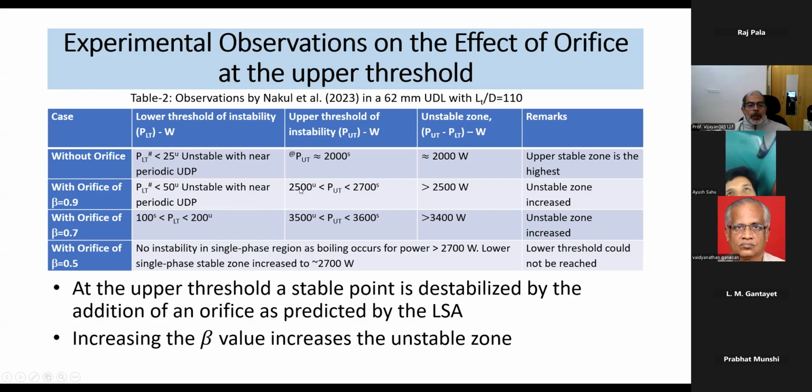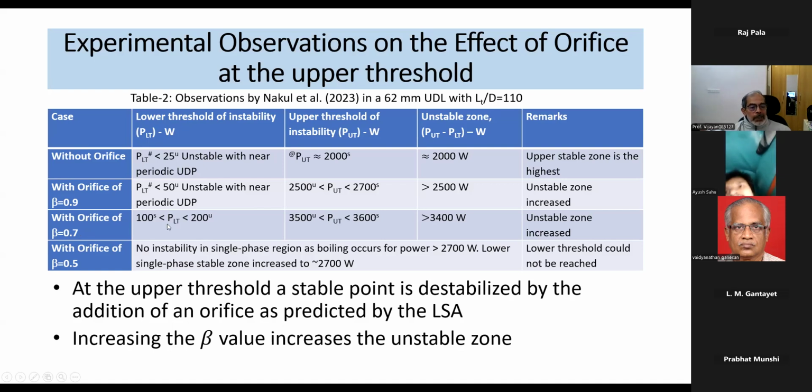But what we found is that 2000 watt was unstable, and that instability continues up to 2500, and 2700 was stable. So the upper threshold minus lower threshold, which is the unstable zone, increases.